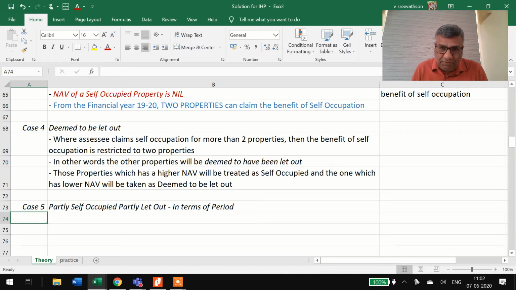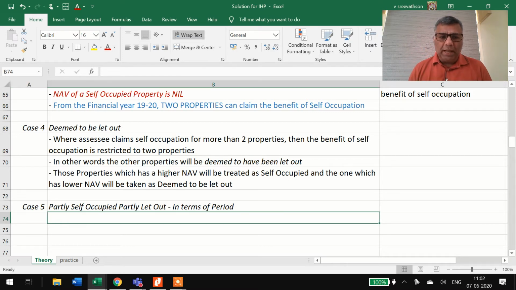For a part of the year it is self-occupied, the other part of the year it is let out. Partly self-occupied, partly let out in terms of period.